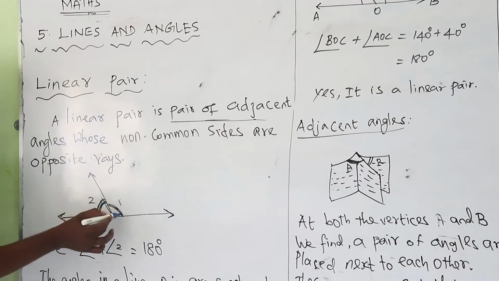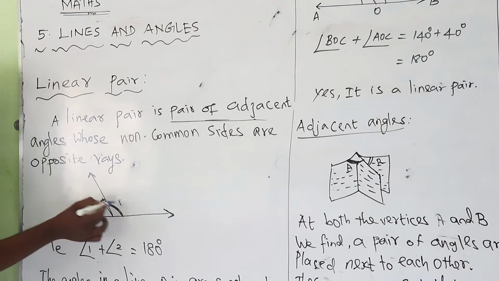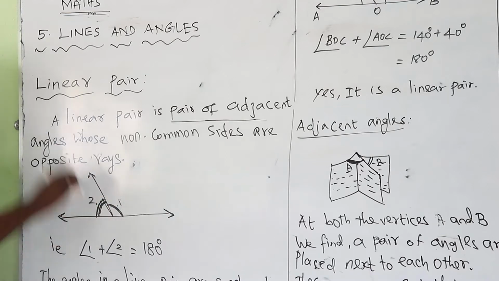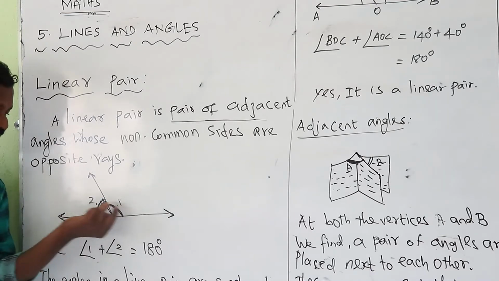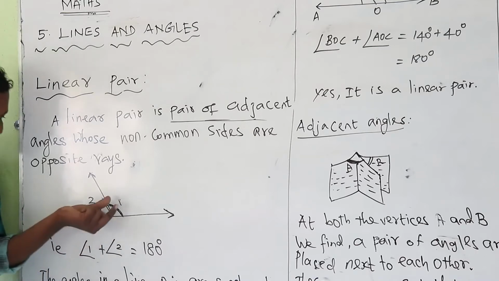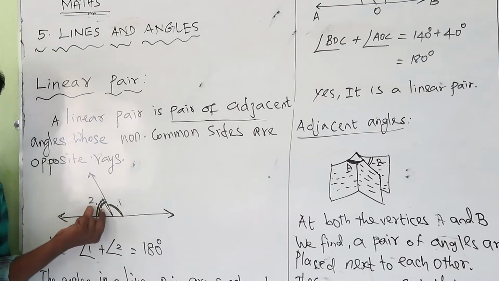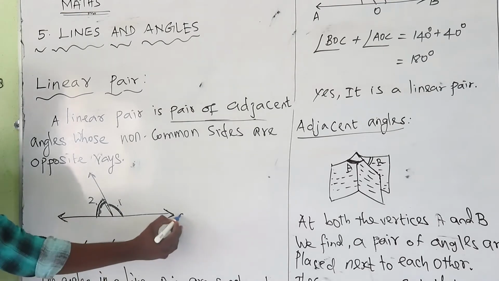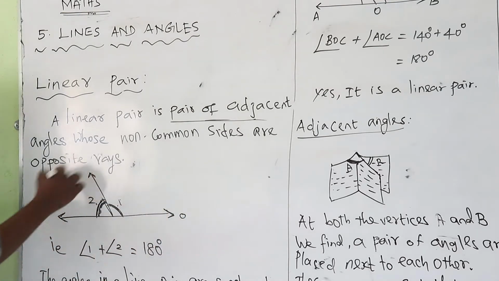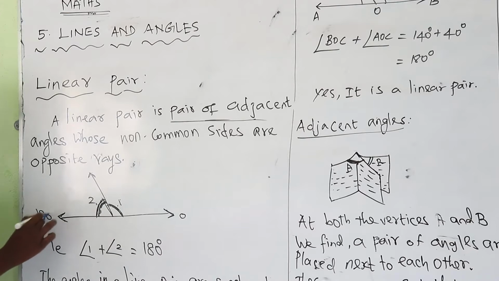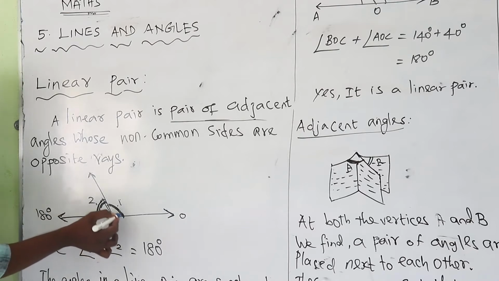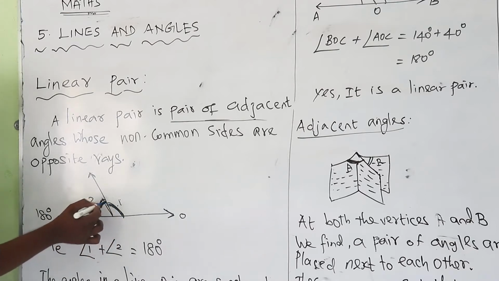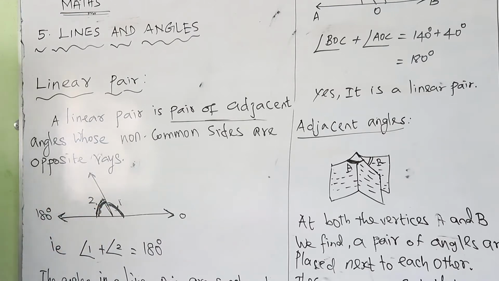So the sum of these two angles, angle 1 and angle 2, is equal to 180 degrees, because this is 0 degrees and this is 180 degrees.